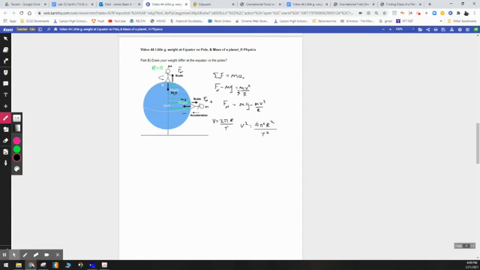If I substitute this into here, the normal force is going to equal mg minus m 4 pi squared r, all divided by t squared. All right, so now we can see if r is 0, this term goes away.